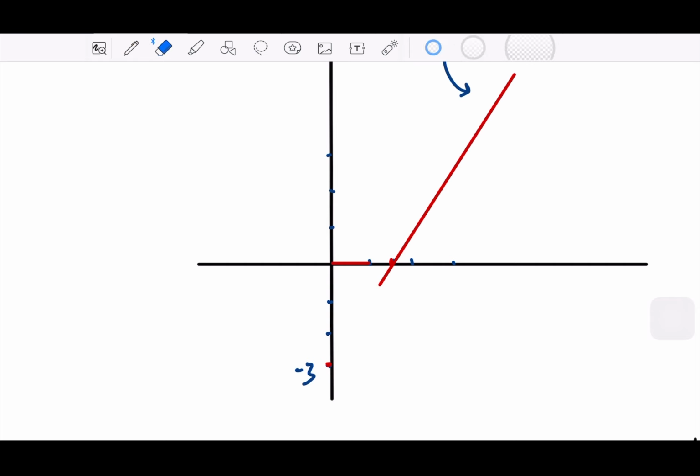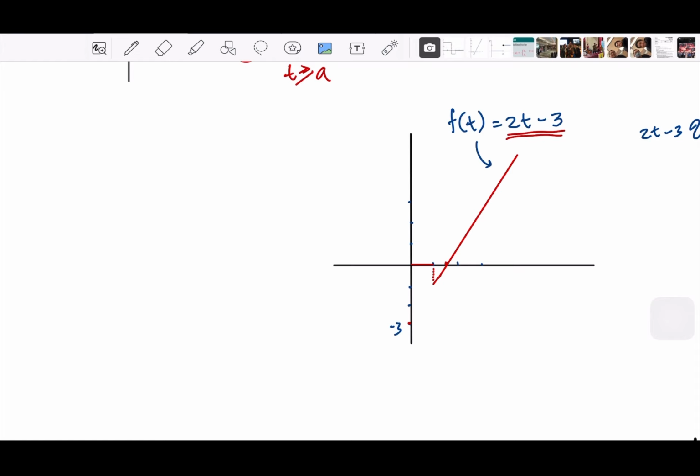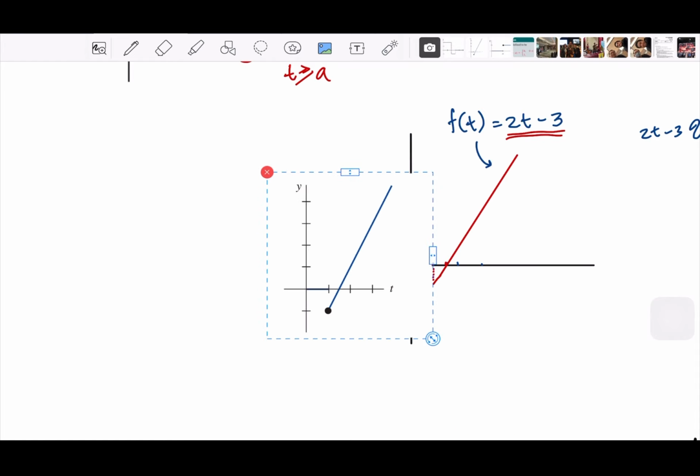So we could draw it like this. We just erase, and then there will be some jump here. And this will be the curve, or maybe if I take the original picture from the book, this will be the curve.